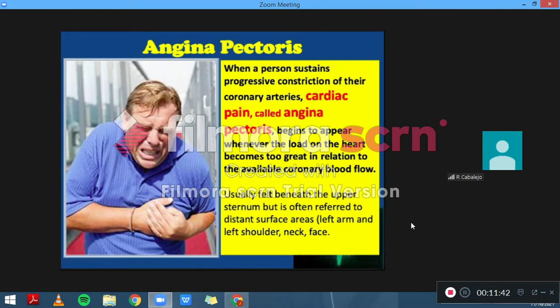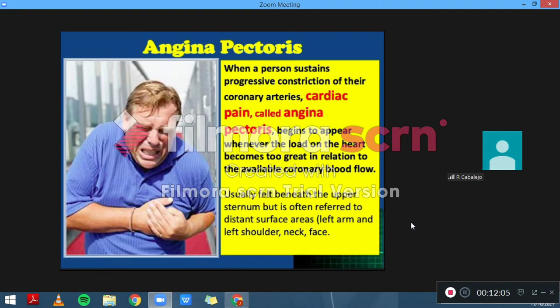That is, your oxygen demand becomes higher than can be supplied because there is limited blood flow from your coronary obstruction. Angina is often felt beneath the upper sternum, but it is often referred to distant surface areas like your left arm, left shoulder, the neck, and even the jaw area of your face.